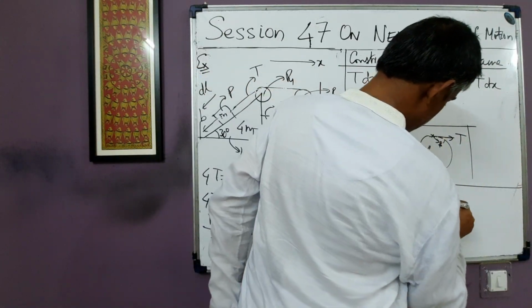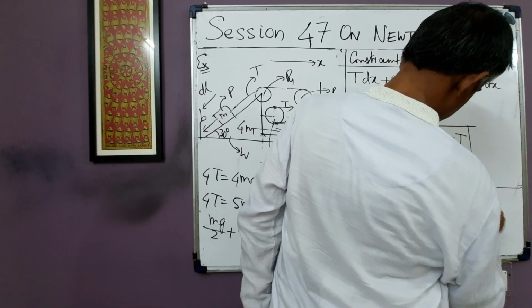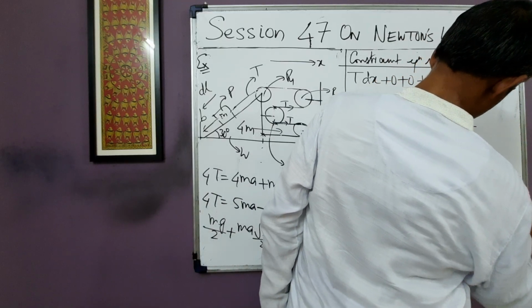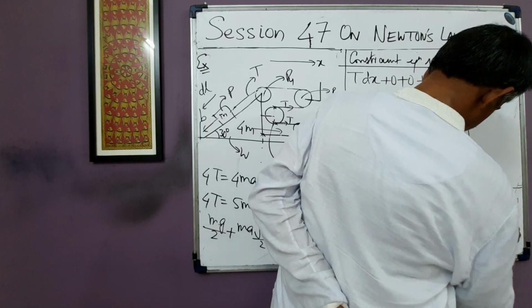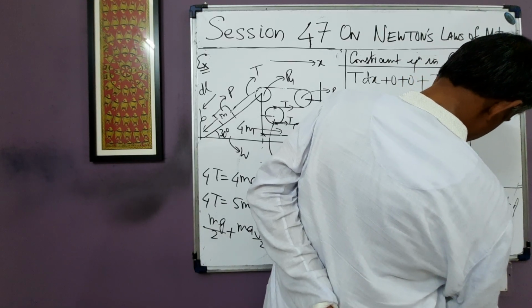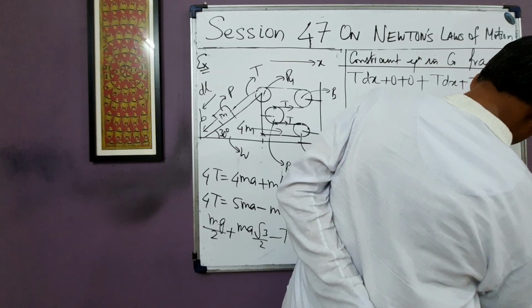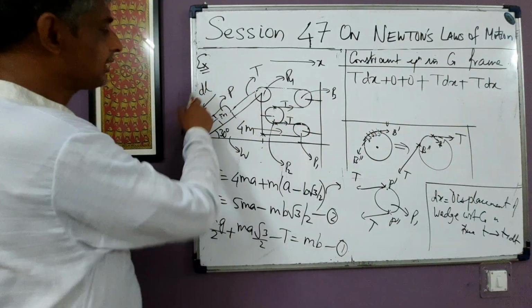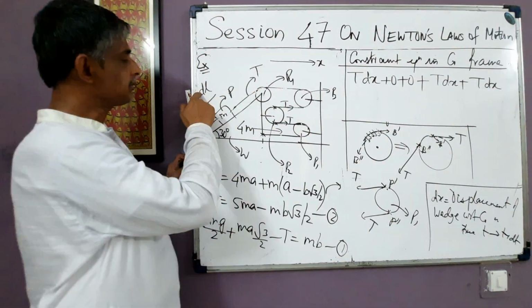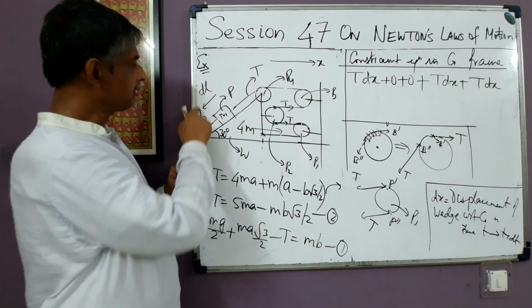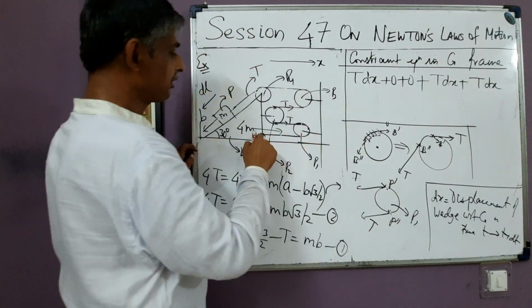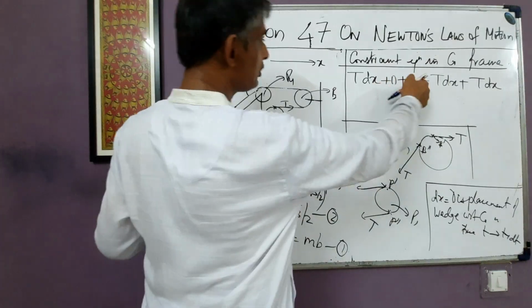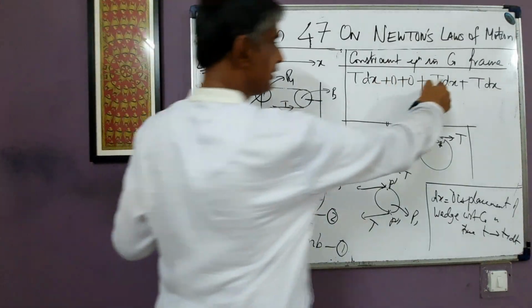So dx is the displacement of wedge with respect to ground in time t to t plus dt. And dl is the displacement of block P with respect to wedge in time t to t plus dt. Okay. So this point becomes T dx, this becomes 0, 0, 2 zeros. Here T dx, T dx, T dx, T dx.